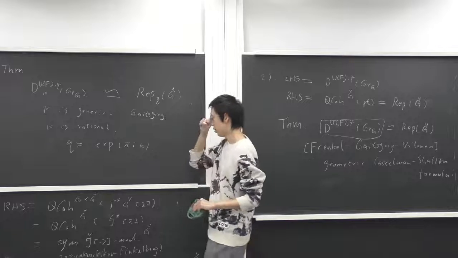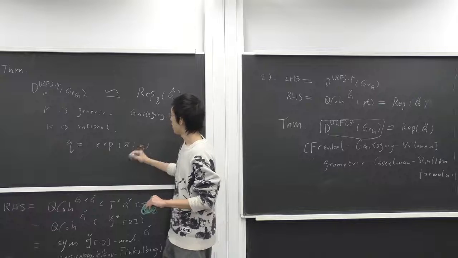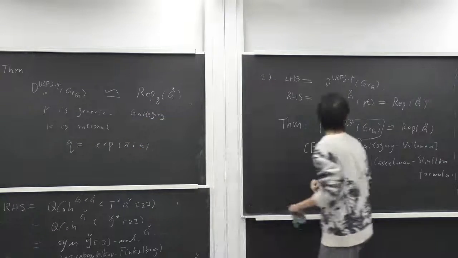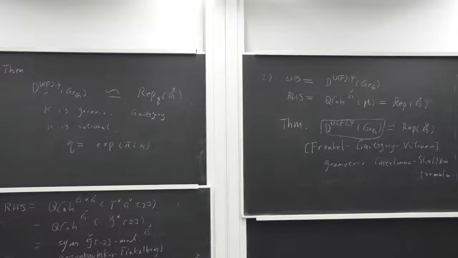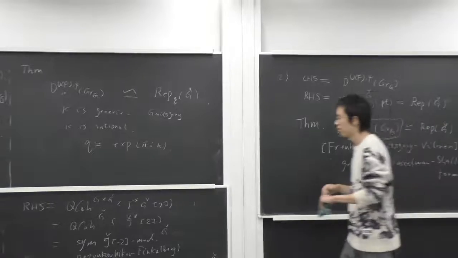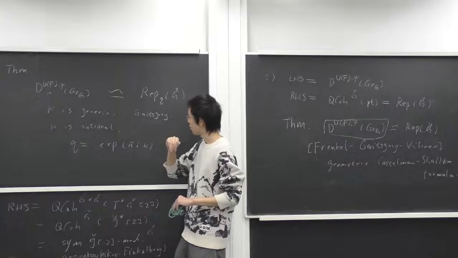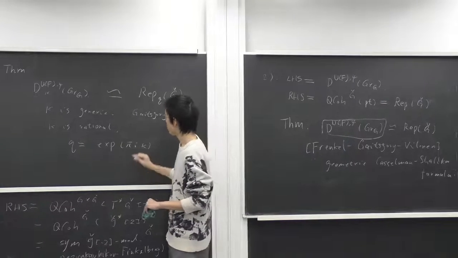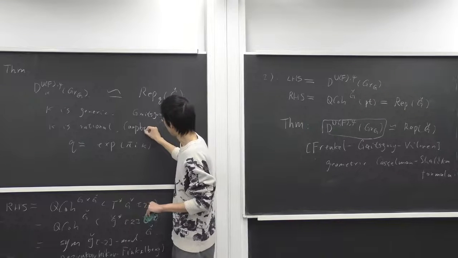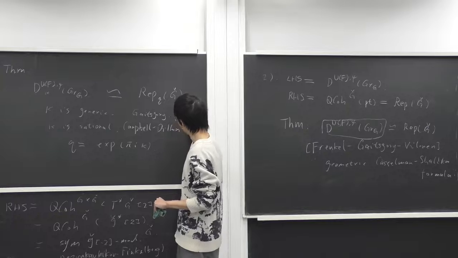So if kappa is rational, it has already been proved recently by Campbell, Dillon, and Raskin.